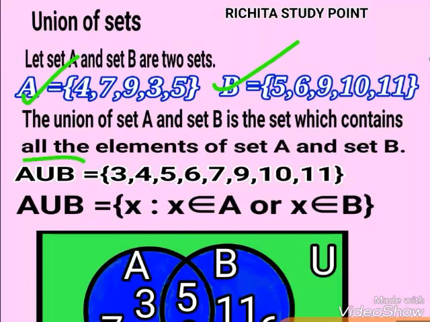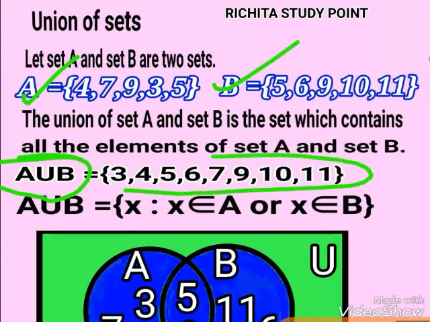A union B is written like this, and we write all the elements of A and B in A union B. But the common elements of set A and set B are written only once.